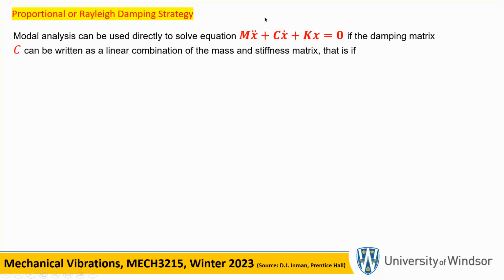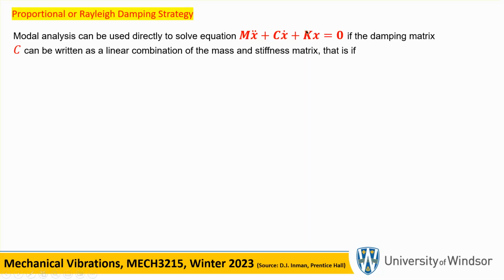And that kind of brings us to a full stop, because the whole idea behind what we did for the last week or 2 weeks or so was that we decouple the equation. If we cannot diagonalize this with the same transformation which diagonalizes M and K, well, we can't proceed any further. The whole idea is to decouple these.